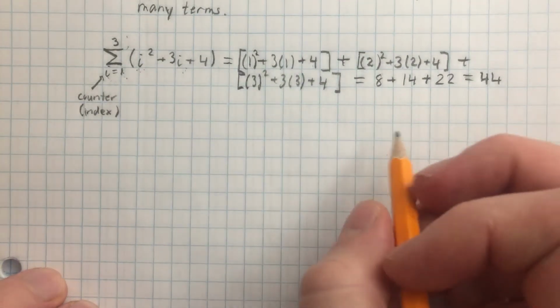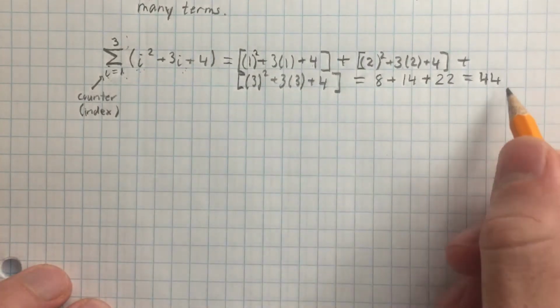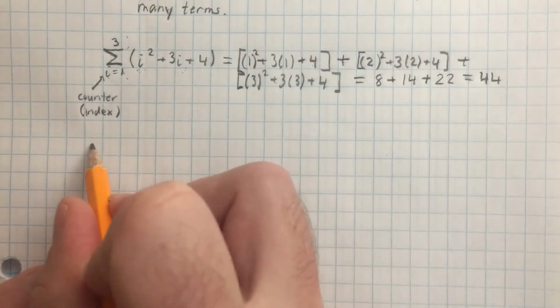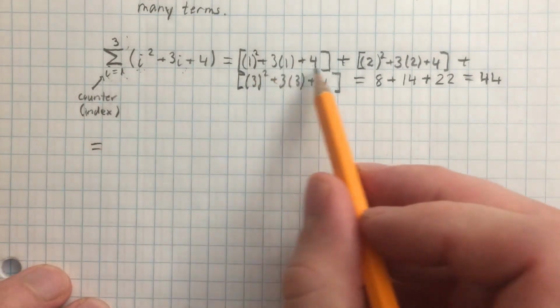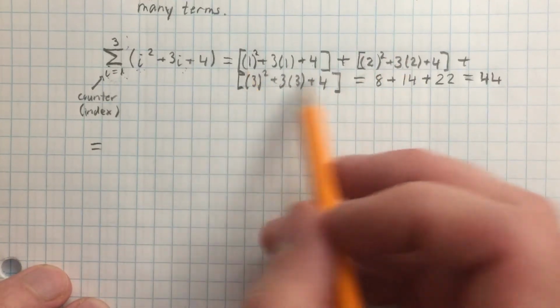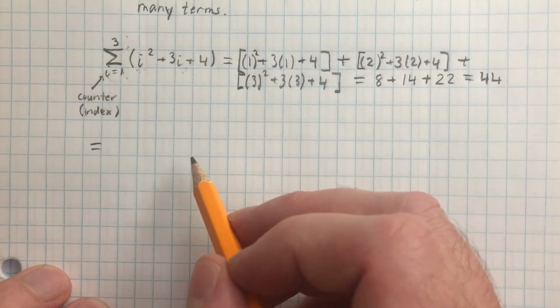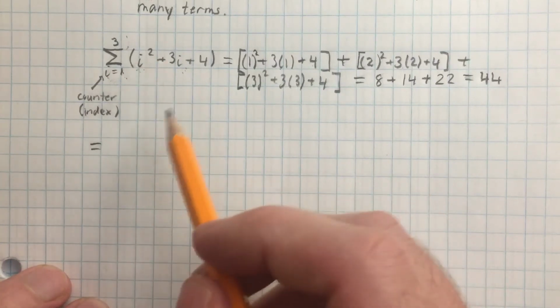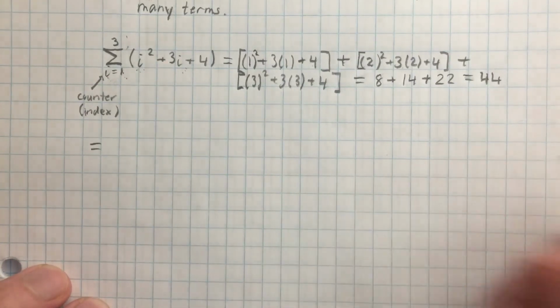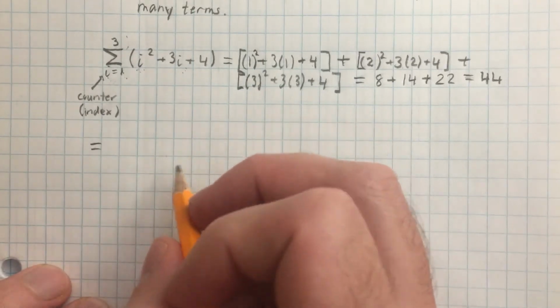So I'm going to do that very quickly here, hopefully. So this 44 value, I could rearrange all of this. I'm going to remove the brackets, and it'll help to clear up why the sigma notation has these particular properties. And then we'll write out the properties in general in a moment.